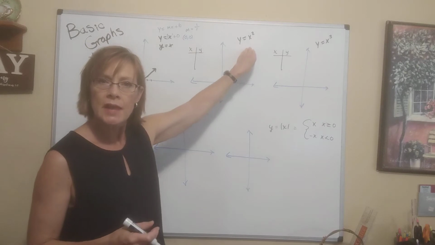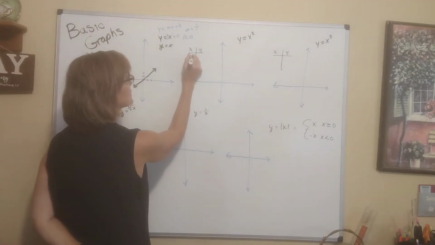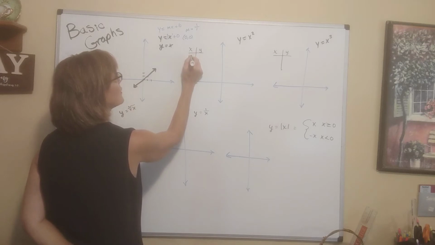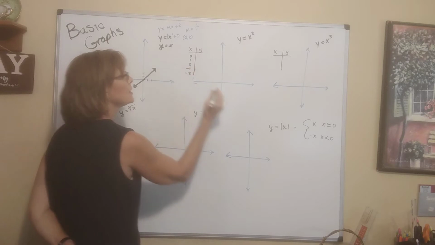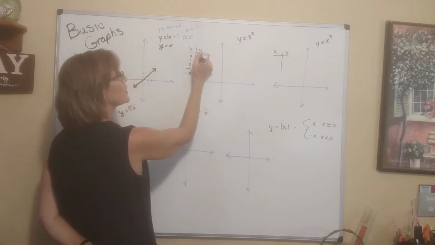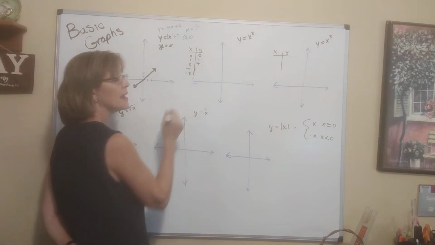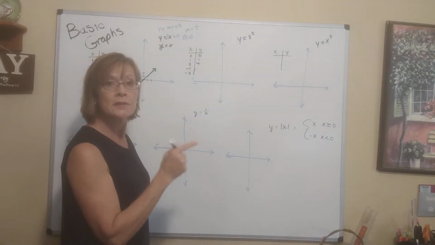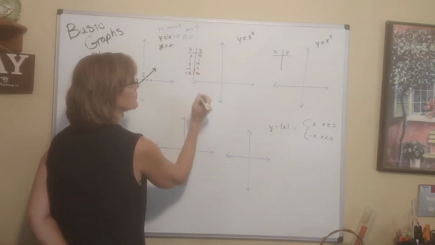For this y equals x squared, we know this is a parabola, but if you wanted to put in some points, maybe 0, 1, 2, negative 1, negative 2, you could get some points here. When you put in 0, 0 squared is 0, 1 squared is 1, 2 squared is 4. Negative 1 squared is negative 1 times negative 1, which is a positive 1. Negative 2 squared is positive 4.